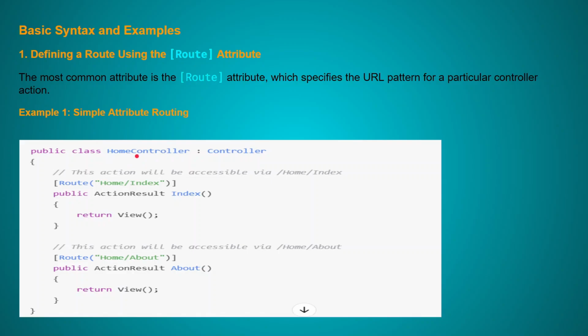Here we have a Home controller and an Index action result. That route is home/index, and the other action we have has the route home/about. So this action will be accessible via home/index. This action will be accessible via home/about.